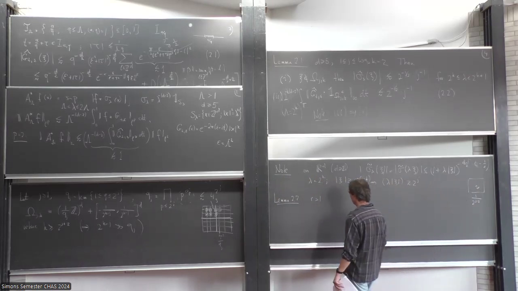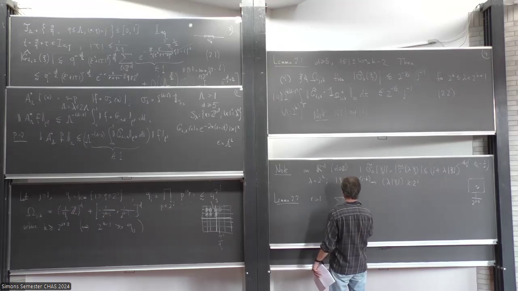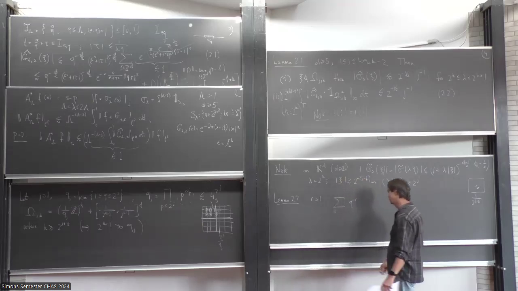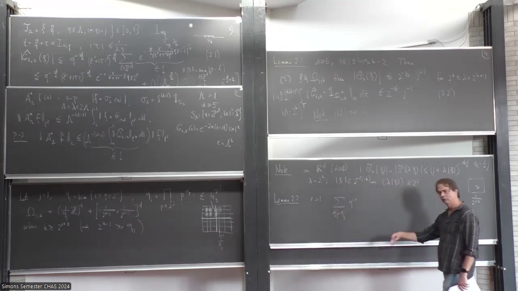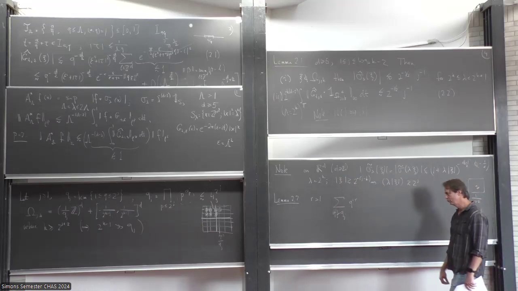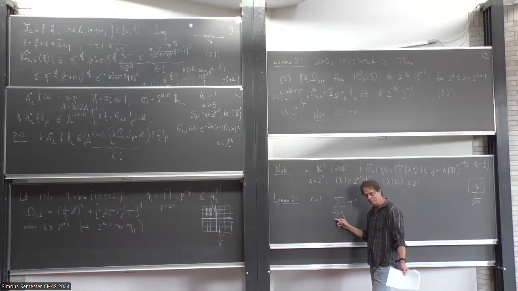If you sum q to the minus r, of course that is bounded because r is bigger than 1. But for all q's which do not divide q sub j, the least common multiple of all q's up to j, of course this q has to be bigger than 2 to the j, otherwise, of course, q itself would be included.